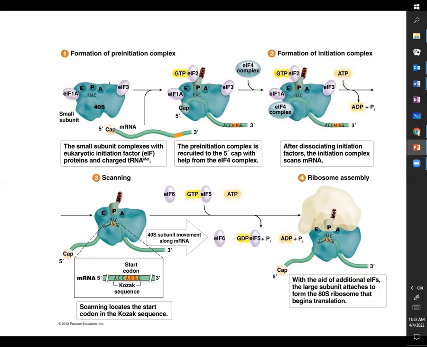Here are initiation factors. This little e stands for eukaryotic, as opposed to prokaryotic. So these are eukaryotic initiation factors. Again, there's a number of them. And there is a special initiator transfer RNA that has the anticodon UAC that will complement with AUG. It is not a formyl methionine attached to the initiator transfer RNA. It is just a normal, run-of-the-mill methionine attached to it.